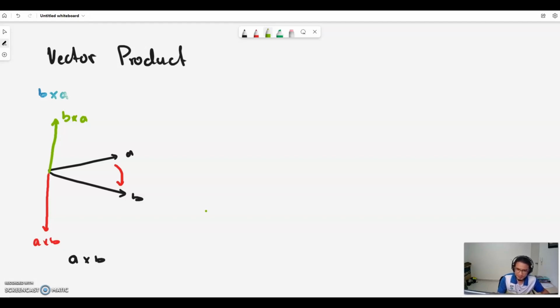The formula to do a vector product is: A cross B is equal to the magnitude of A multiplied by the magnitude of B, sine theta, n.